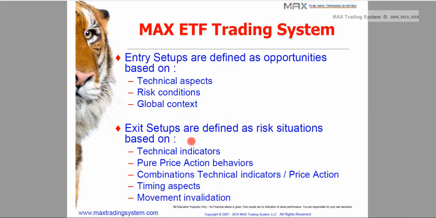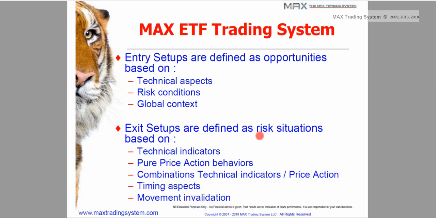And then the exit setups are defined, in fact, not as conditions trying to predict what the price can do, or how the price can possibly reverse, but as risky situations. At some point, for example, when the price begins to retrace, or to go against the trade, a pullback is not necessarily a risky situation.